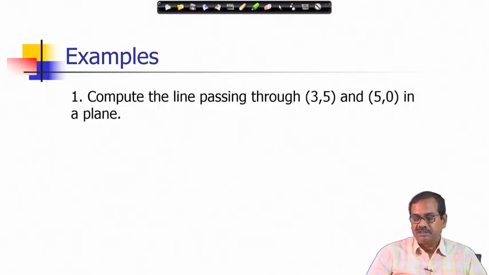Naturally, (3, 5) and (5, 0) are points in a 2 dimensional real space.